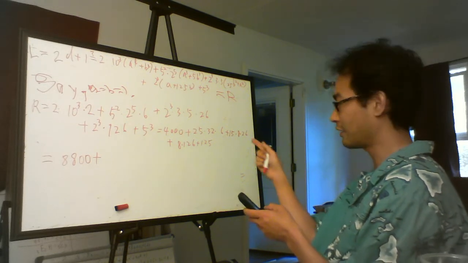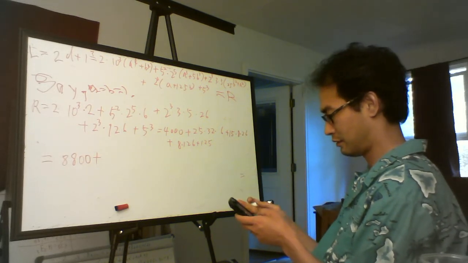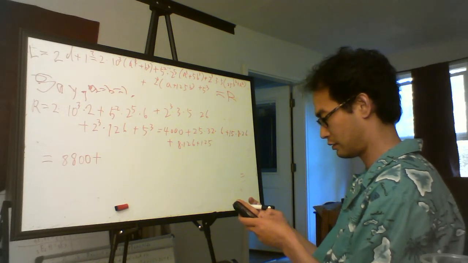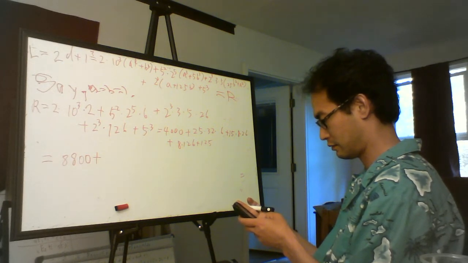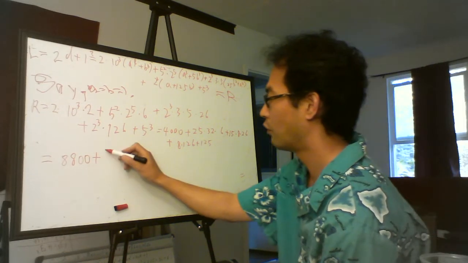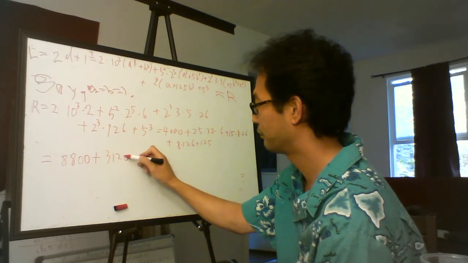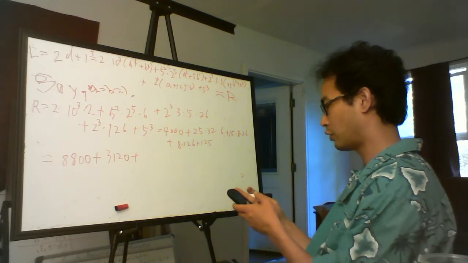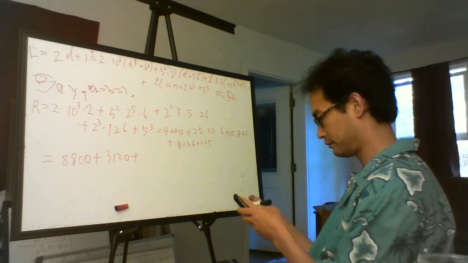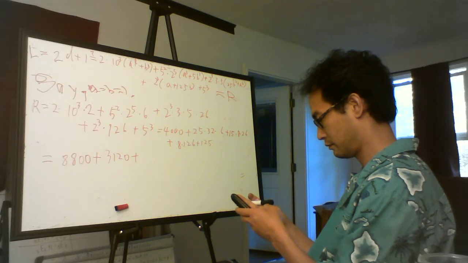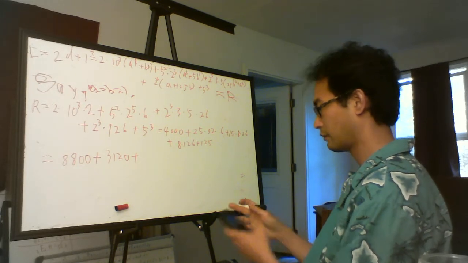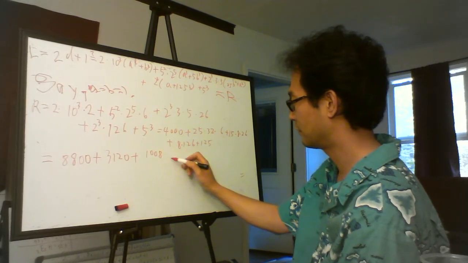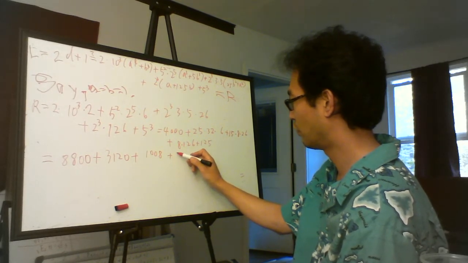Can you see this? 3120. Now, 8 times 126 is 1008, plus 125.